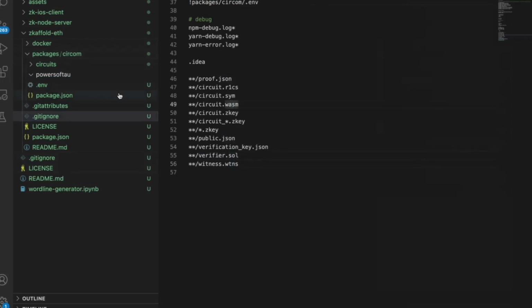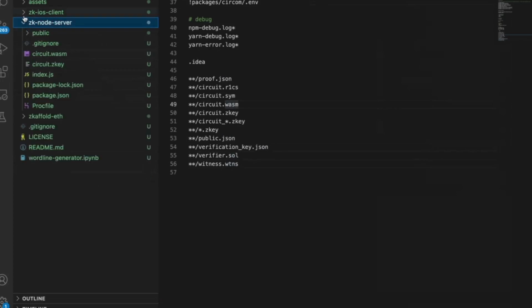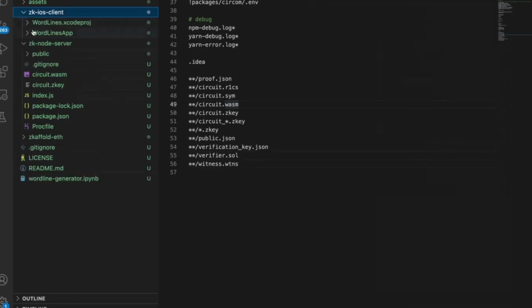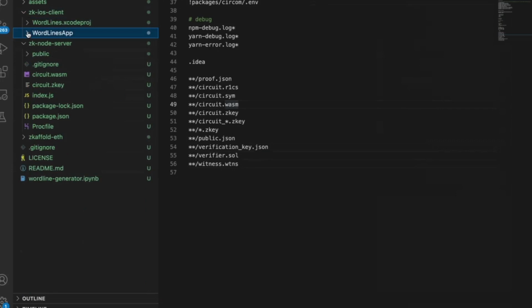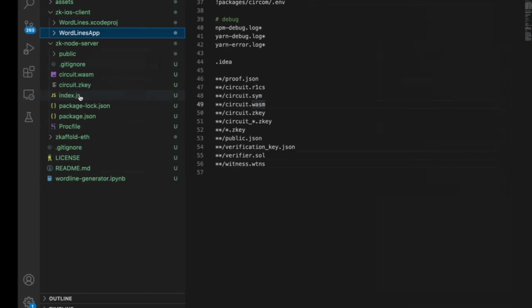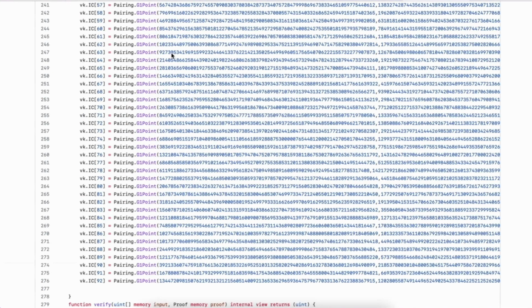Sorry, can you repeat what you were saying? I just want to see if the powers of tau is there. It's interesting because the powers of tau isn't there.